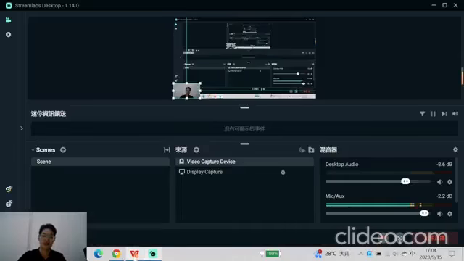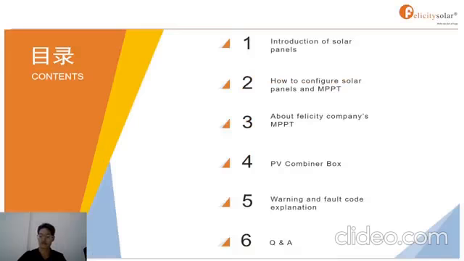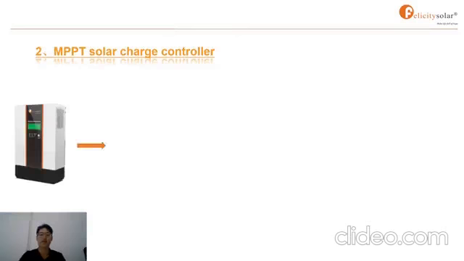Okay, let's go on. We have a new MPPT solar charge controller. Yeah, that's it. You can see the difference.